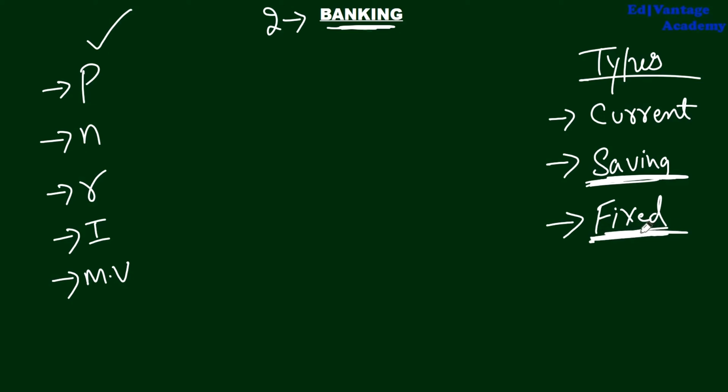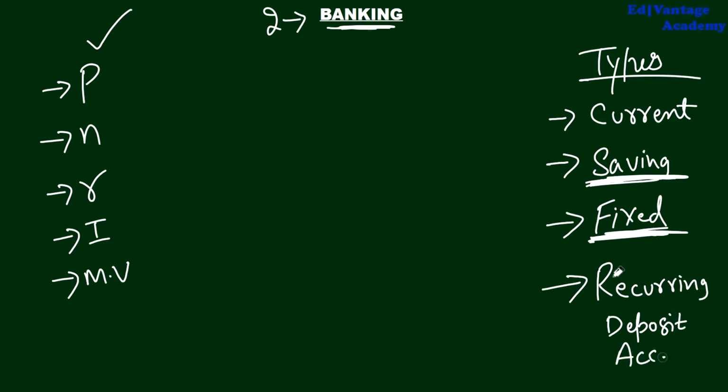In a fixed deposit account, you cannot withdraw money before expiry or add money to it. That's why it's called a fixed deposit account. Another important type of account is the recurring deposit account, and it's the recurring deposit account they are talking about in this chapter.